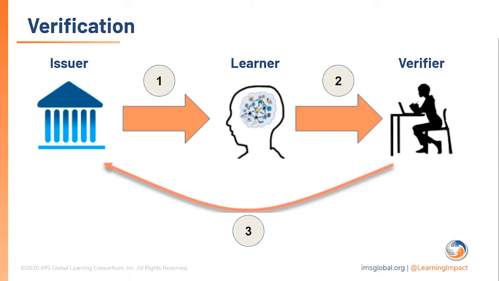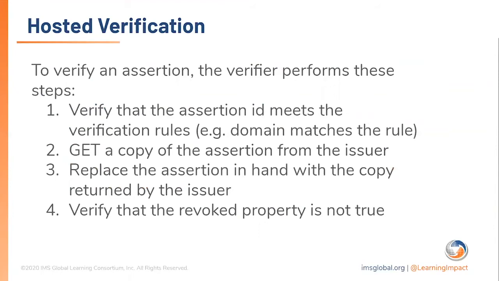There are two methods of verification, hosted and signed. The issuer decides which method the verifier must use. With hosted verification, the verifier performs these steps. First, verify that the assertion ID meets the verification rules.